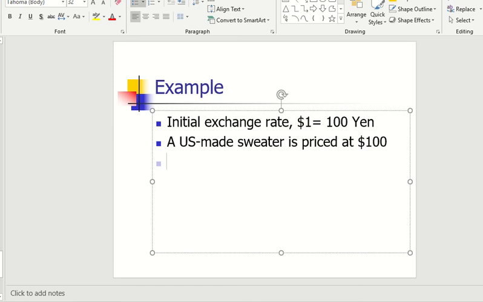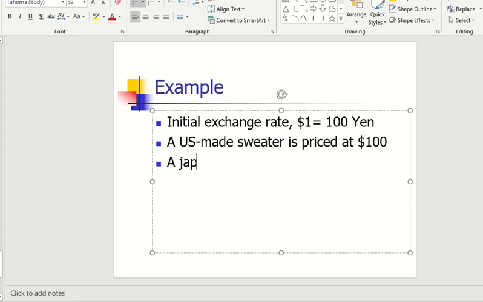If we want to buy a foreign good, what we're going to have to do is convert our own national currency into a foreign currency. So this is what a Japanese has to do. So how much does a Japanese have to pay for a US made sweater?